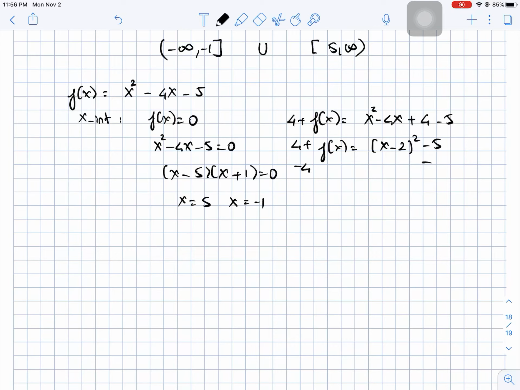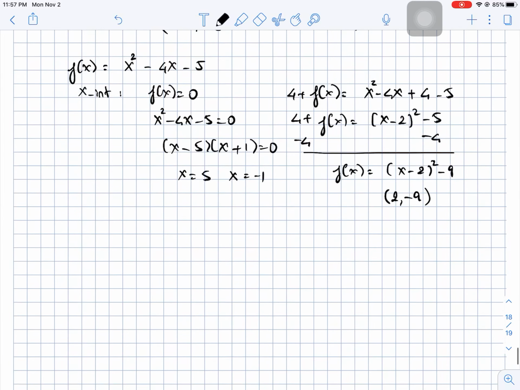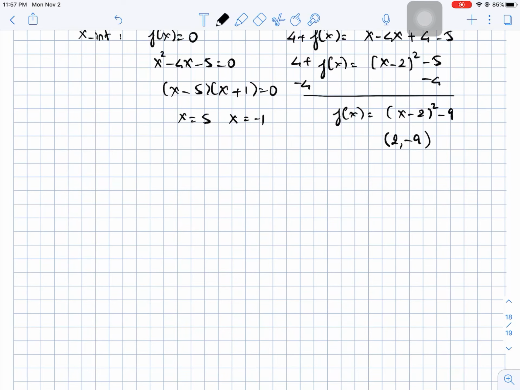And also the vertex. For the vertex we can use the h and k form. f of x equal x squared minus 4x. I'm going to add 4 to both sides, and then f of x plus 4 equal x minus 2 squared.